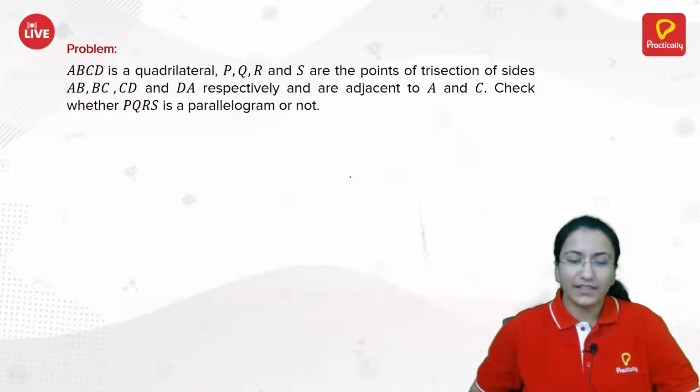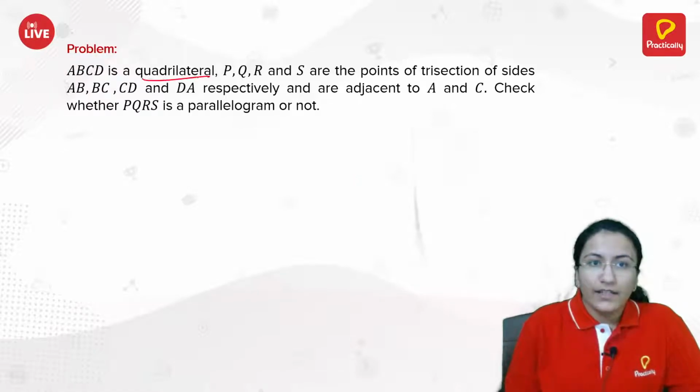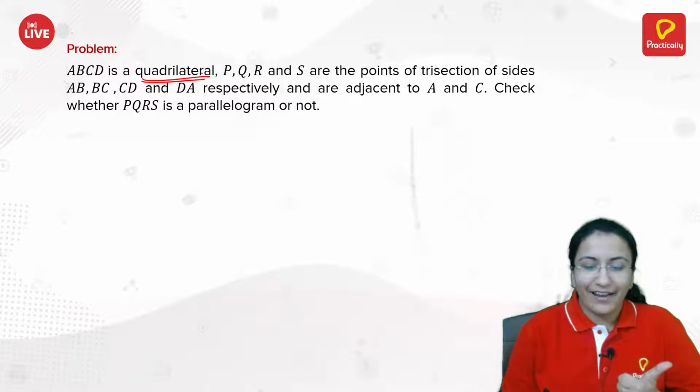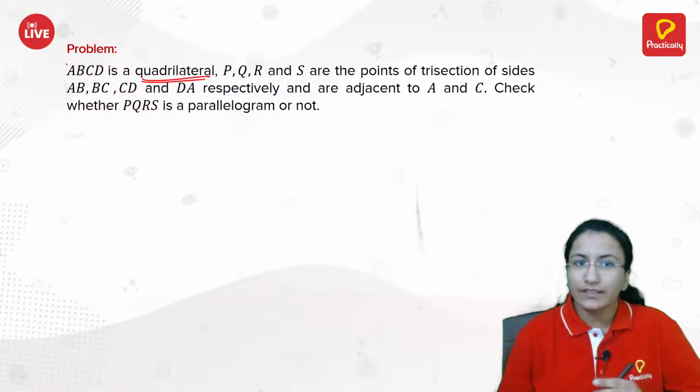Here you have the next question. Here we are dealing with a quadrilateral, not a triangle this time. ABCD is a quadrilateral. P, Q, R and S are the points of trisection of sides AB, BC, CD and DA. What does trisection mean?